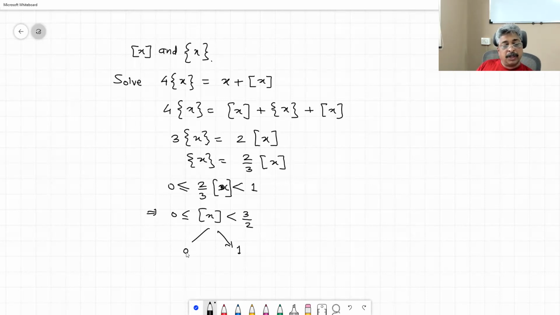So, if the greatest integer x is equal to 0, then you get the fractional part also equal to 0. But if the greatest integer of x is 1, then you get the fractional part of x as 2 by 3.